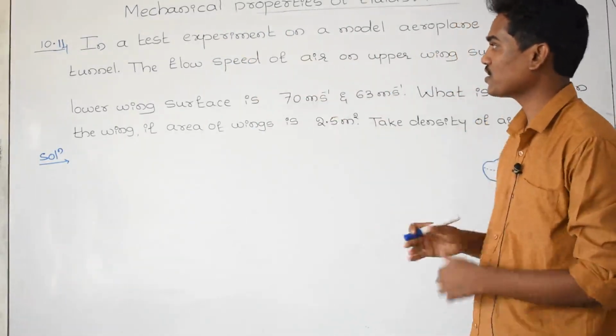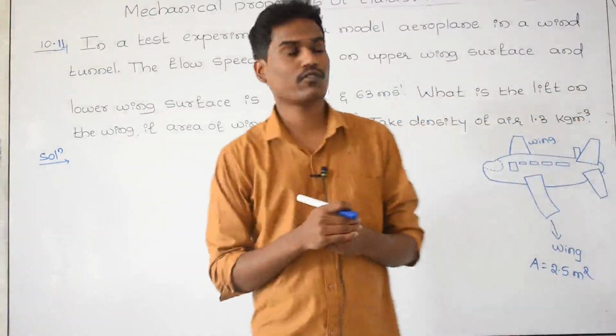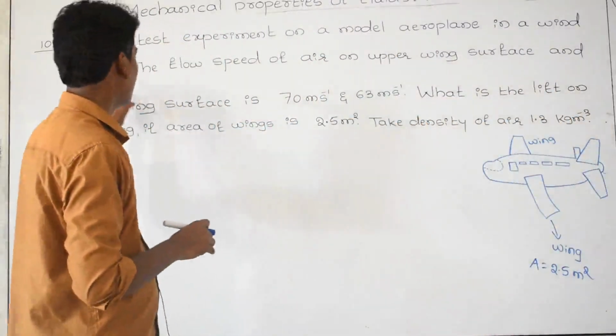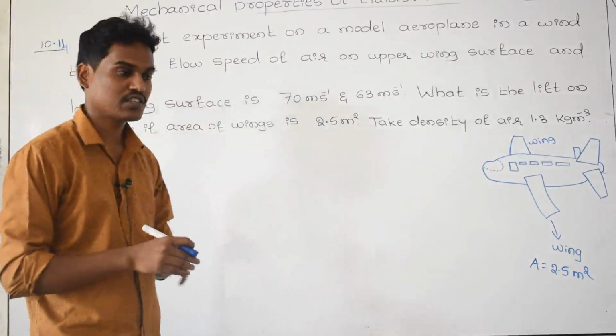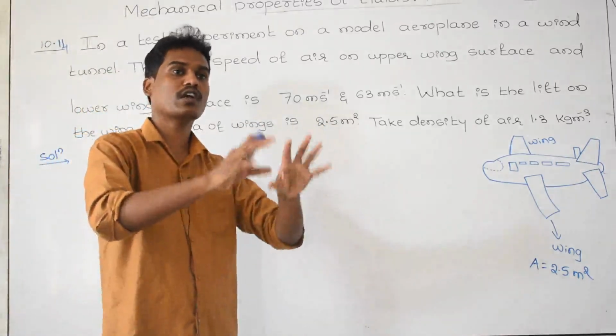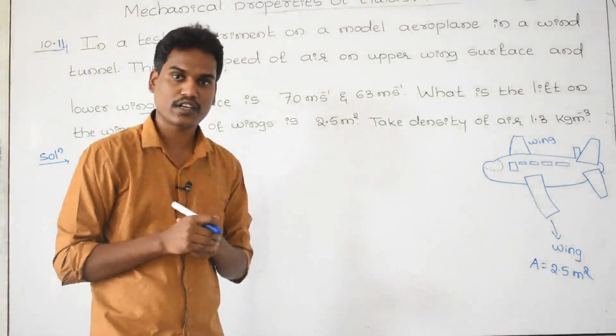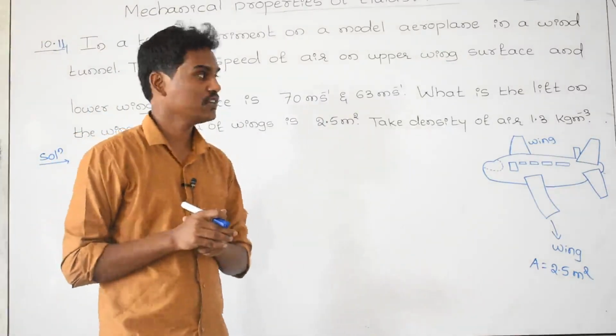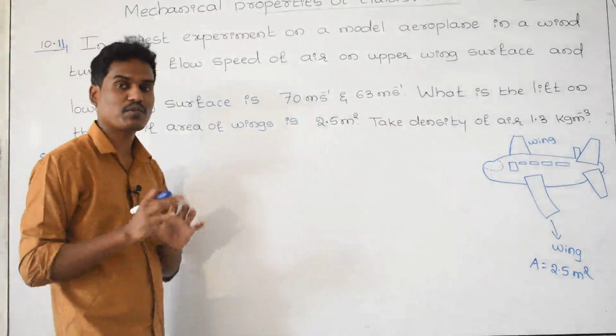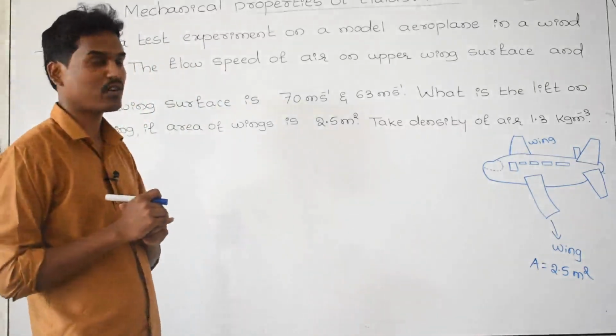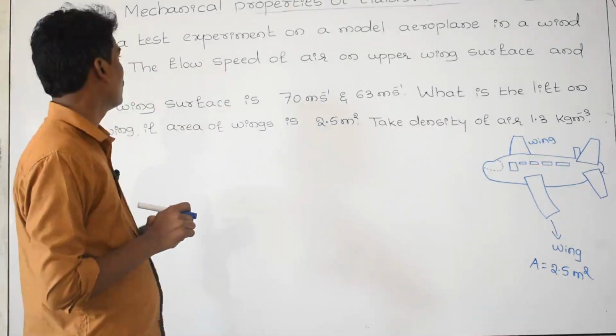In a test experiment on a model aeroplane in a wind tunnel. Wind tunnel means the place where there is more flow of air. We are going to call it a wind tunnel.